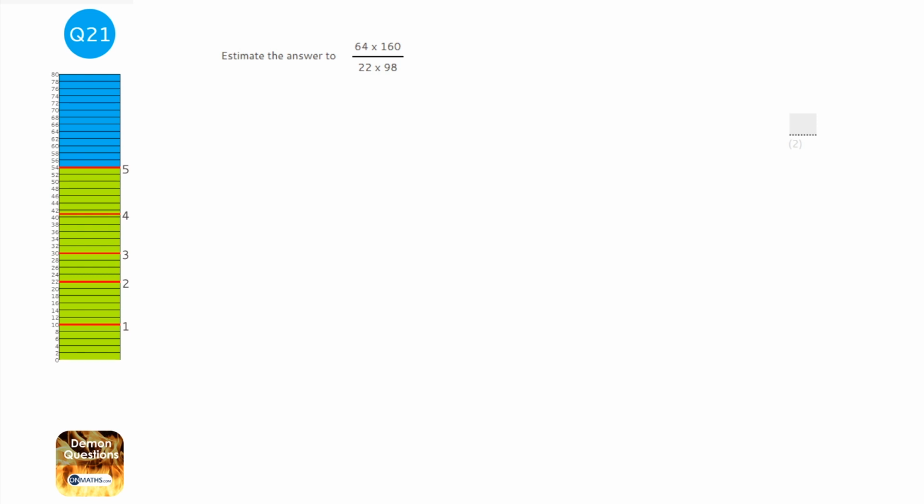Now, for 64, the line goes after the first digit for significant figures. That 6 will stay as a 6 because that 4 is less than 5, and that 4 will just turn to a 0. For 160, the line will go between the 1 and the 6.